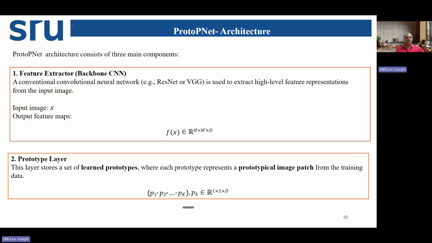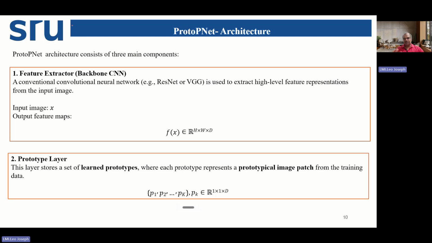Okay. So here, this is the step-by-step architecture. First we are going for the feature extraction. That can be done either by ResNet or VGG. So the input image and output features are split based on the height, width, and dimension.